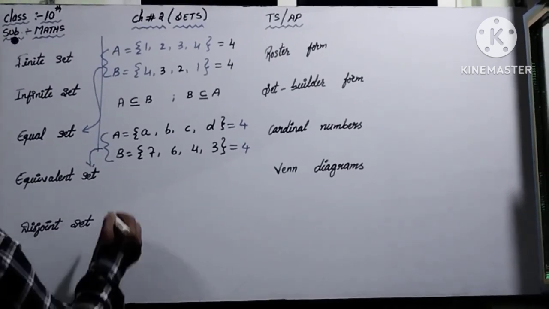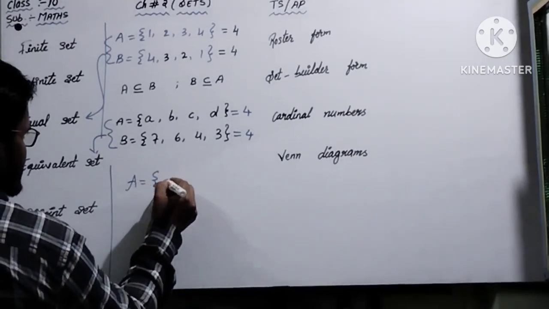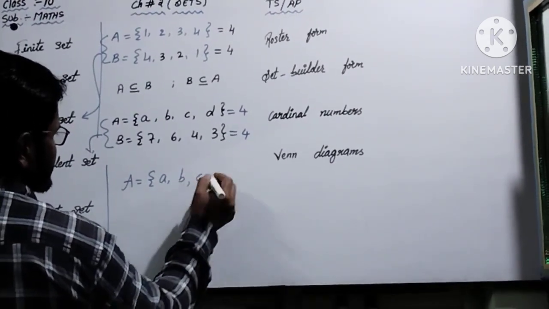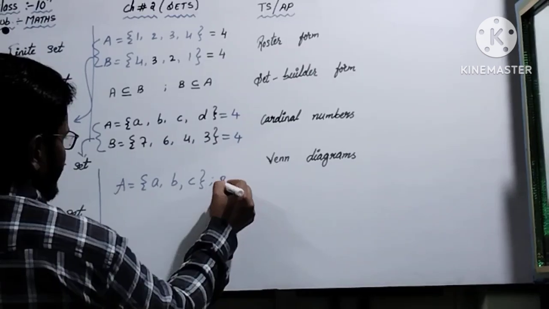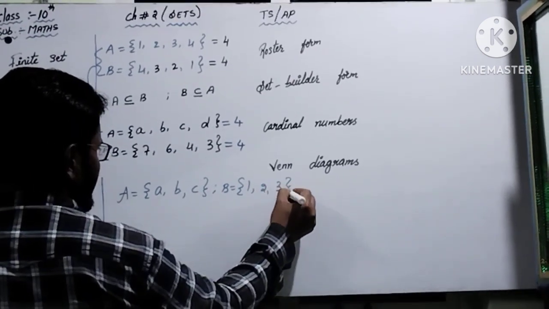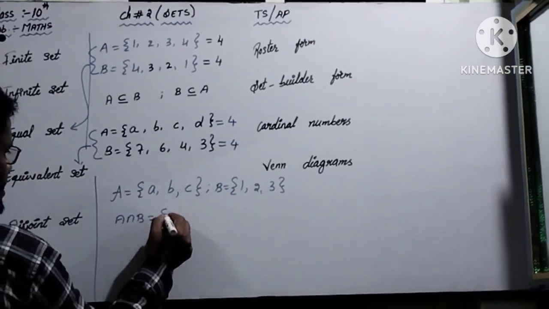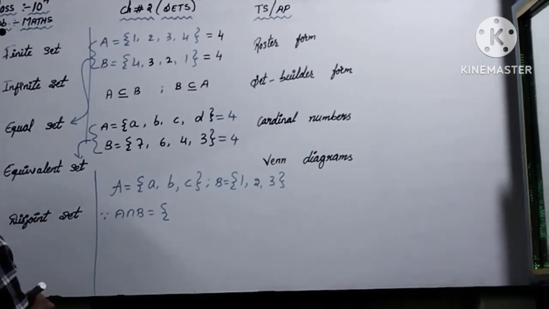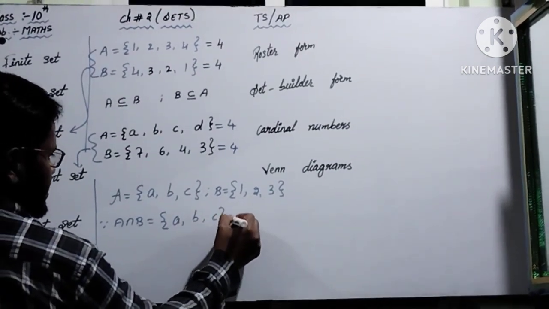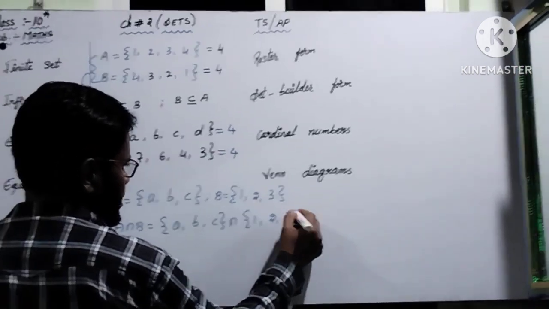Now see disjoint set. Next one is disjoint set. I will take one example. A equals A, B, C and B equals 1, 2, 3. First I will find A intersection B. A has A, B, C; B has 1, 2, 3.